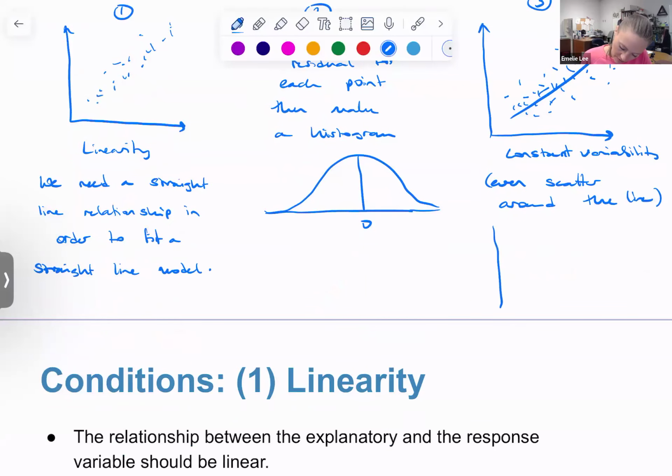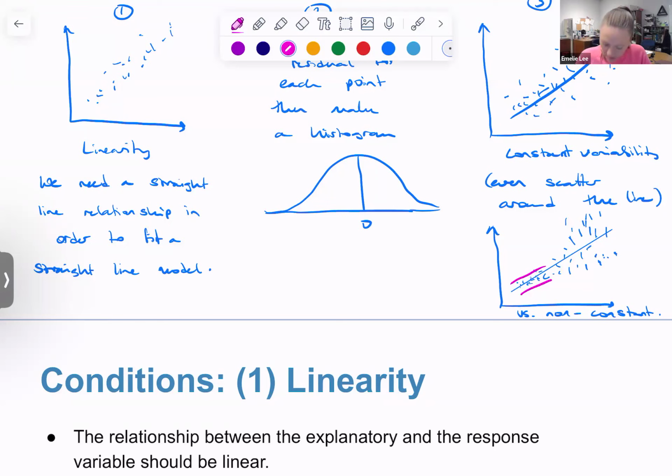Whereas if you have non-constant variability, if your line looks like this, right? Let's say you have really, really tight, maybe it looks like this, right? And so here, these predictions are very strong, right?